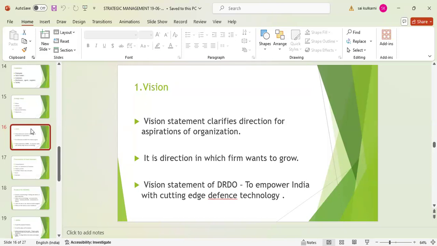It is very clear that DRDO wants to empower India with the help of new technology, advancement in defense. So simply, a vision statement means the clear goal or aim of the organization.